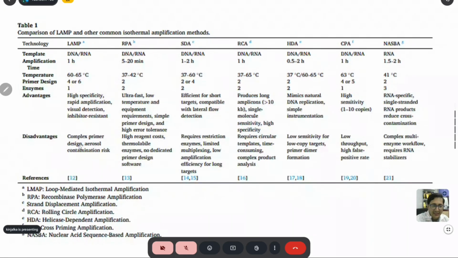Disadvantages: complex primer designing is required, and it may get contaminated due to aerosols and so on. So all these are different kinds of isothermal amplification methods. You need not remember all of them. Even if you remember one or two as a part of your answer, I think it should be more than enough.